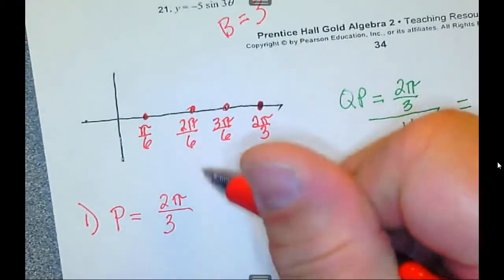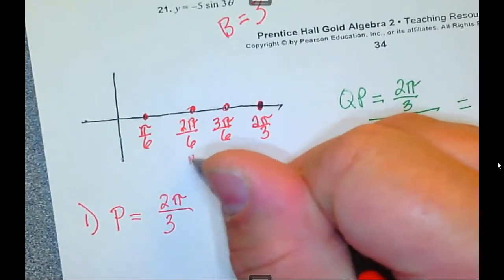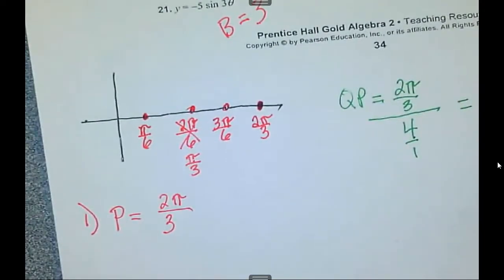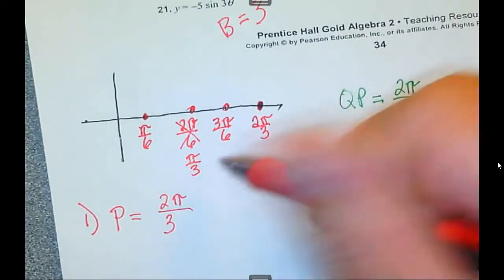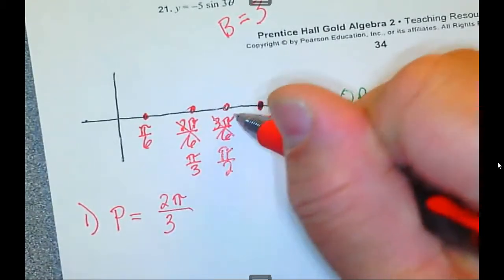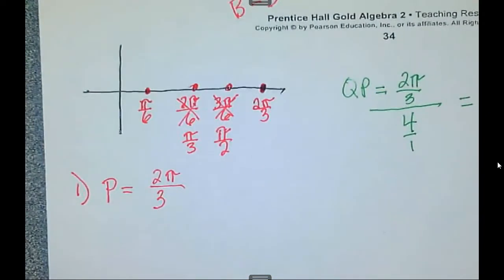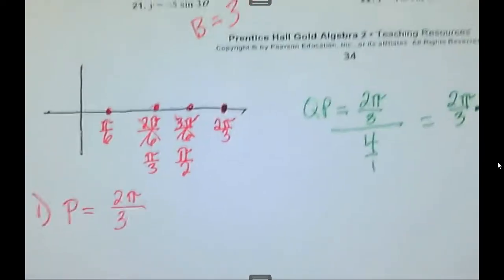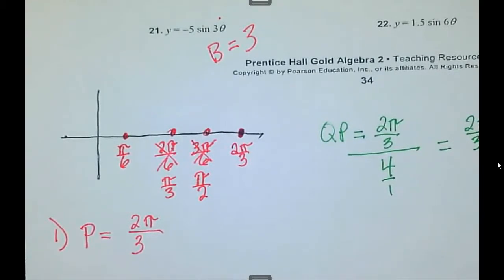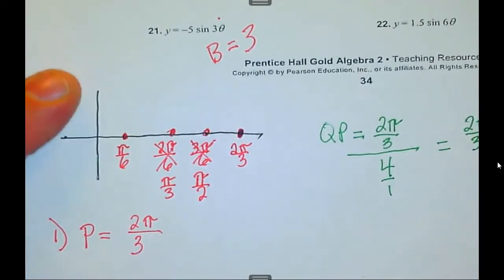So 2 pi over 6 is pi over 3, so we're going to replace that with pi over 3. 3 pi over 6 is 1/2 pi, so pi over 2. On a test or a quiz, if you don't reduce those, I got to take a point off. It's an important part about graphing trig functions.